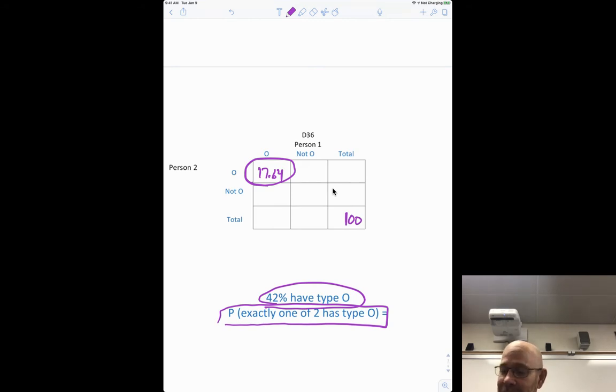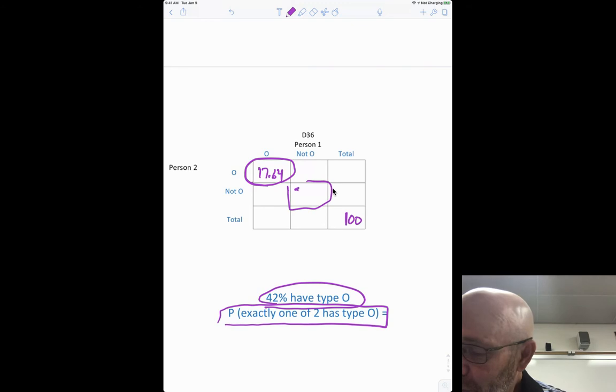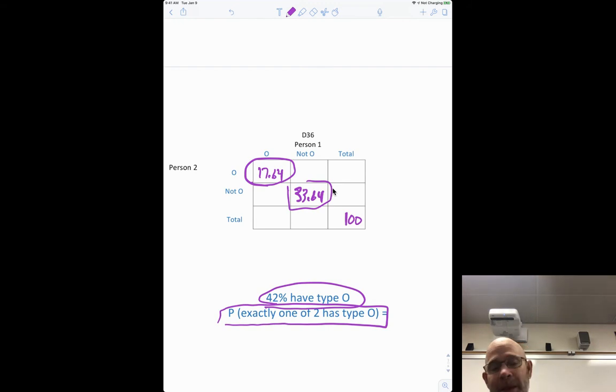So 0.58 times 0.58, and I get 33.64. And I can continue. The O, not O would be 0.42 times 0.58, because one has it, one doesn't. So 0.42 times 0.58 is 24.36. And this has to also be 24.36, because it's 0.42 times 0.58 again.